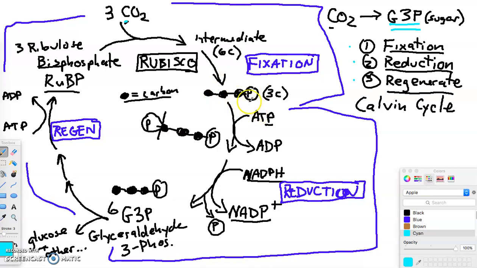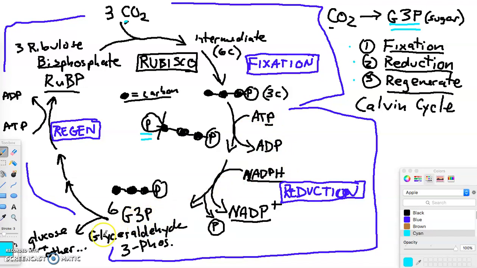In this particular case, we have finished our fixation step. We now proceed to reduction, in which we incorporate a phosphate from the ATP. We see that here. And then we reduce our molecule with that electron from NADPH, and in the process we lose NADP+ and a phosphate group. These then go back to the light reactions where they come back as NADPH and ATP.